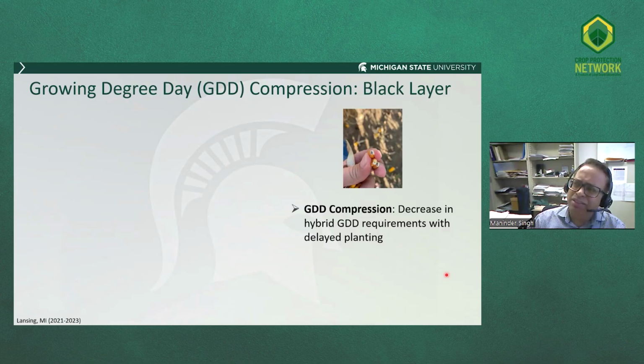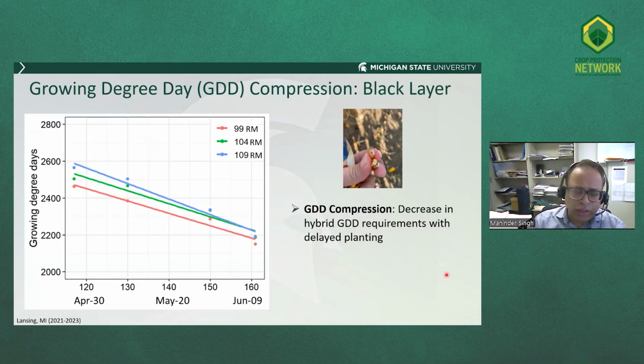I think we didn't see as much of this in 2019 when the plantings were delayed. So we looked at multiple hybrids. You can see three over here, typical versus longer maturities, right? And actual growing degree days for all of these plantings going from April all the way into June. These downward facing slopes tell me that the compression or speeding up was happening.